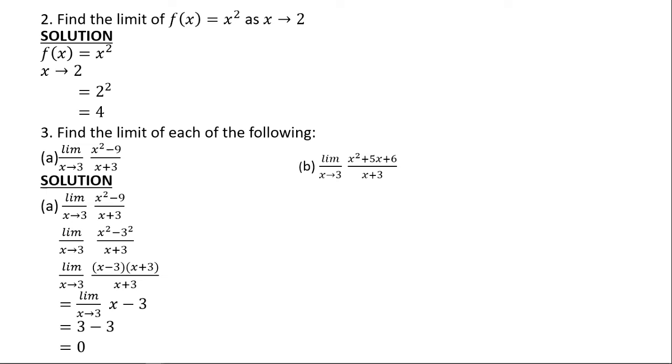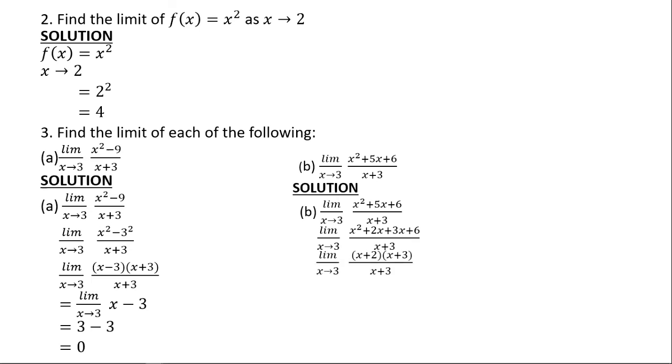So we rewrite 5x using those factors and then factorize by grouping the terms: x squared plus 2x plus 3x plus 6 over x plus 3. When we factorize, we get x plus 2 and x plus 3.